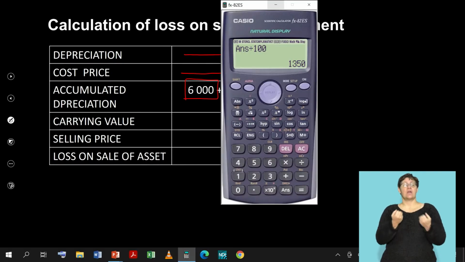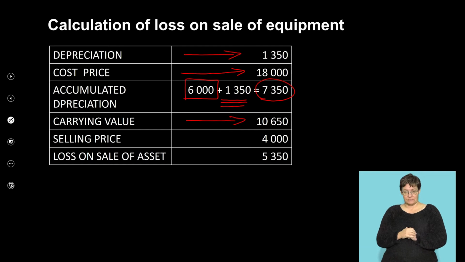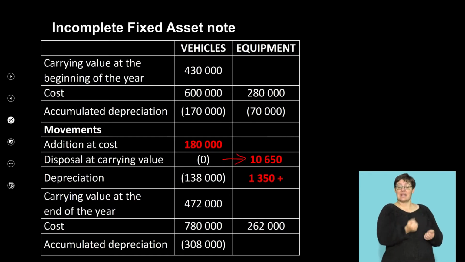How do we do that? We say take the 18,000, which was my cost price, minus my accumulated depreciation of 7,350 to give me a carrying value of 10,650. That's the figure we're looking for. Remember here, what did we want? We wanted the carrying value of the asset that we are disposing.